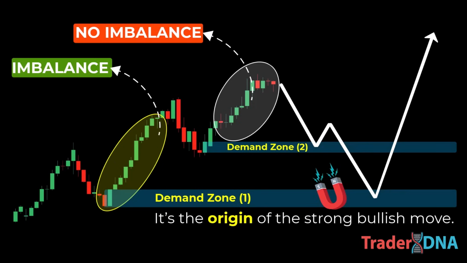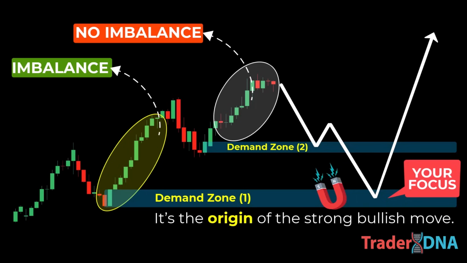That's why when you're analysing the chart, your focus should be on the zones that caused the imbalance, not just any random support or demand area. Those are the zones where smart money entered, and that's where we have the highest probability of seeing a reversal or continuation. To wrap this up, imbalance is one of the strongest signals in smart money concepts.